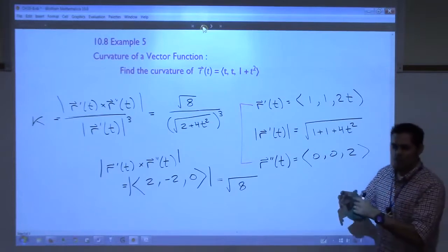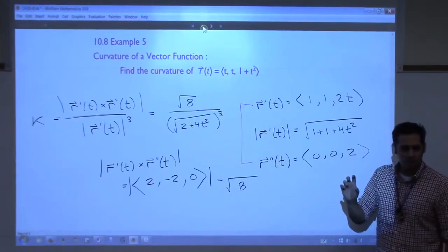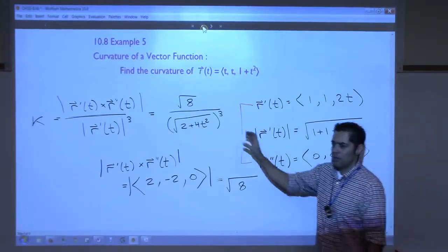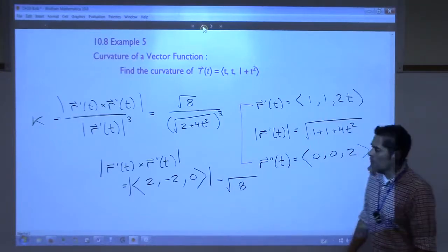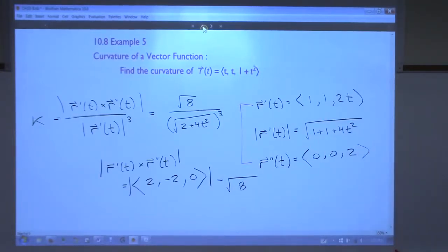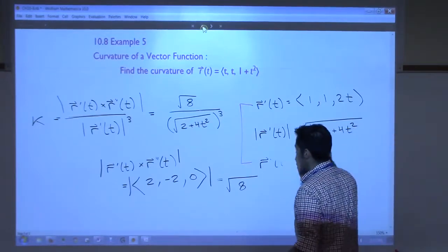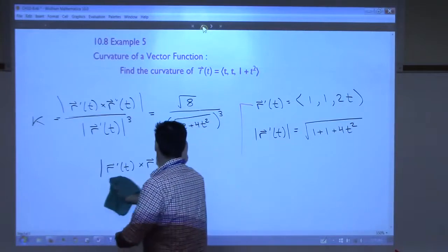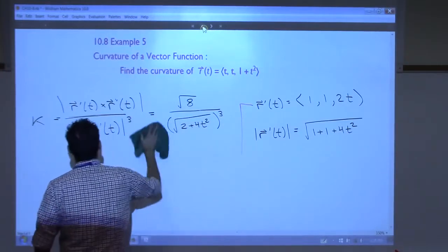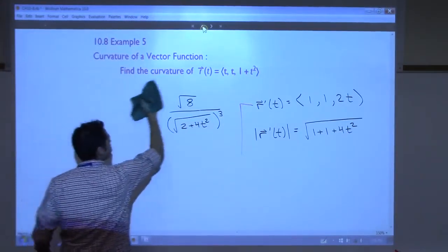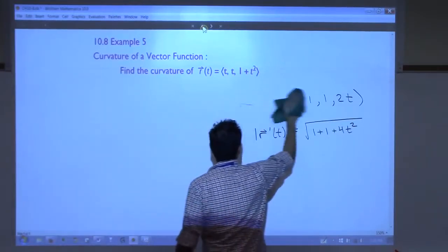So as time went on, the curvature got smaller. When time was very small, the curvature got bigger. All right, I hope that illustrates the importance of knowing when to use which one. When you do your homework on curvature, just realize both of them are there.